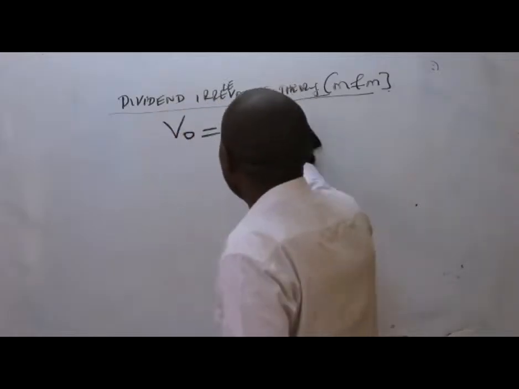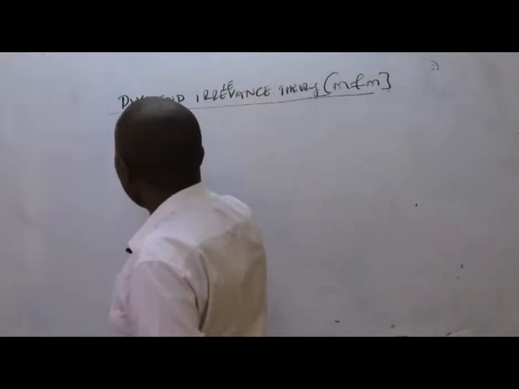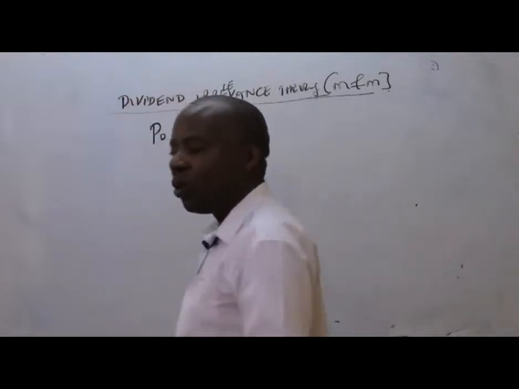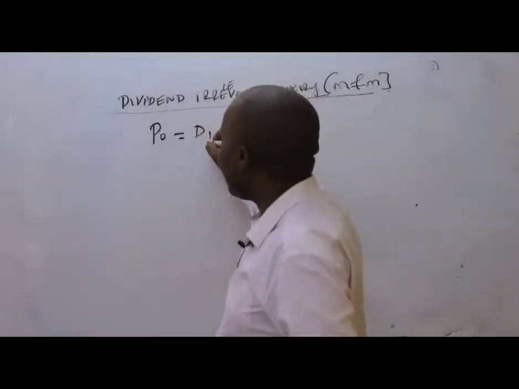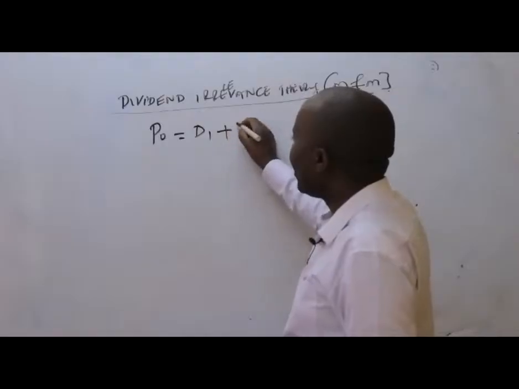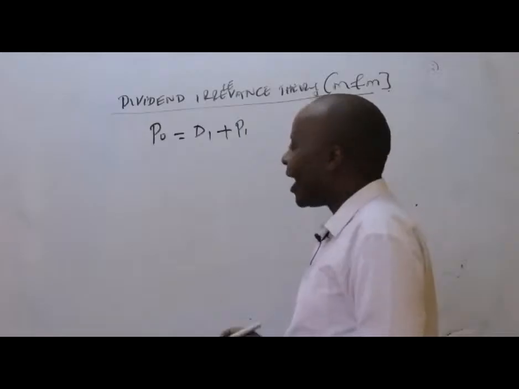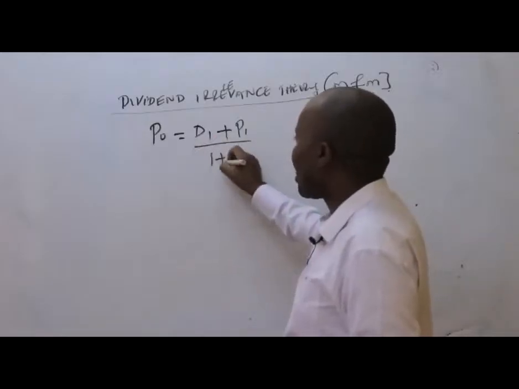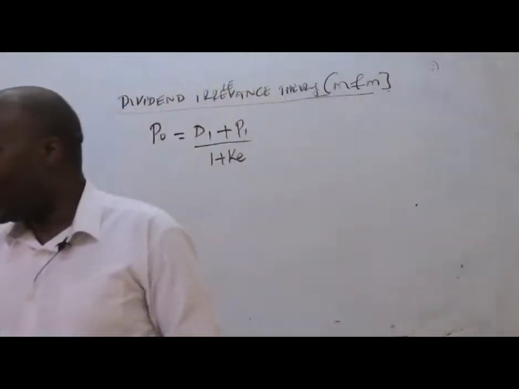Using the dividend irrelevance, we normally say P0 equals the end of year dividend plus the end of year price, discounted.